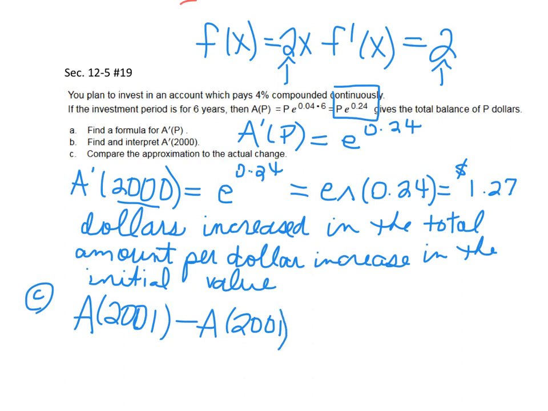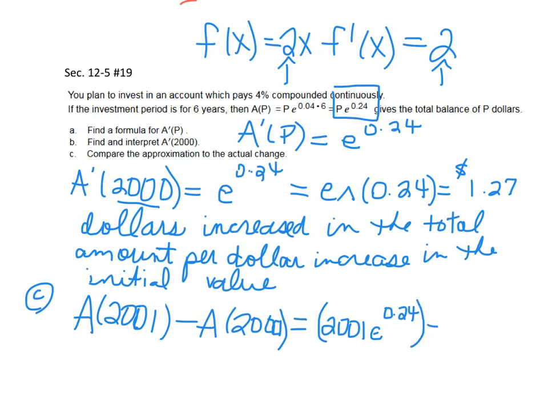Not the derivative now, the actual initial function. So what you're going to do is find the difference between them. We're going to start with $2,001, which is the principal, times e to the 0.24 power.